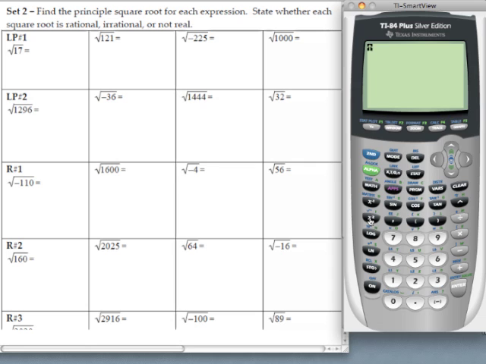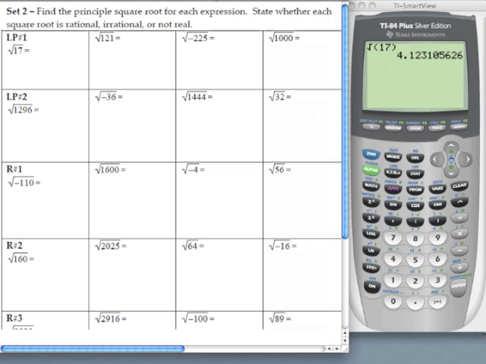So go second x squared, which is the square root sign. Enter in 17, and then close your radical with the other parenthesis. Hit enter. And then we can see that this decimal does not round, and that this number under here was not a perfect square. So this root came out to be irrational.